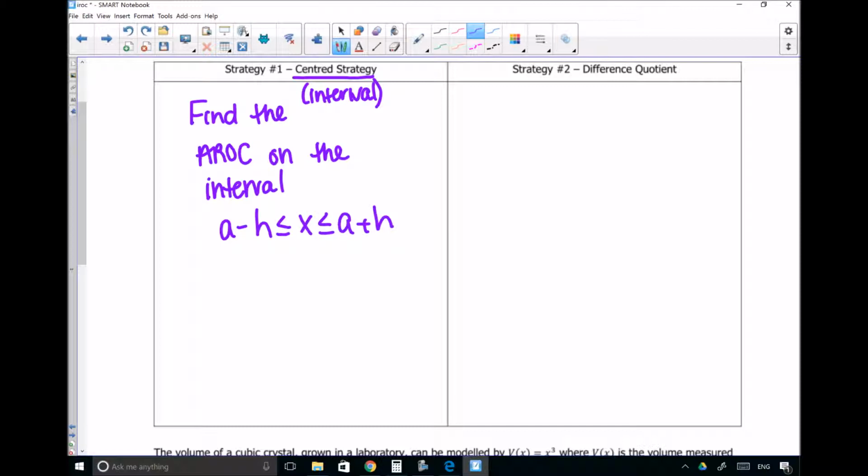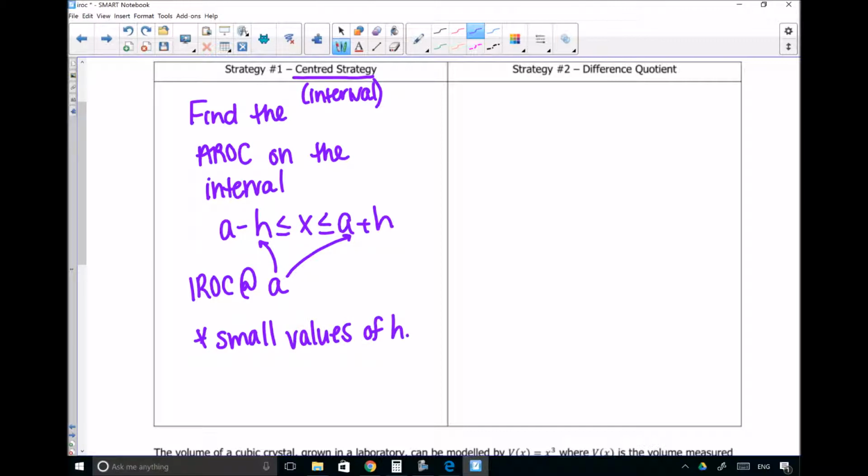Now, what does this mean? Well, if we want to find the instantaneous rate of change at A, what we're going to do is find our average rate of change a little bit less than A and a little bit more than A. So you're looking for small values of h.